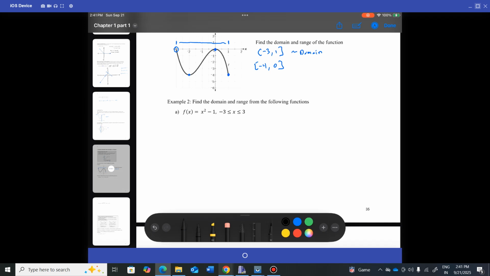Alright, so let's graph now this one. -3 to 3. And we're only going to graph within that region because it gives us this. So at -3, when we square it and we subtract 1, we get 8. At -2, we square and subtract 1, we get 3.